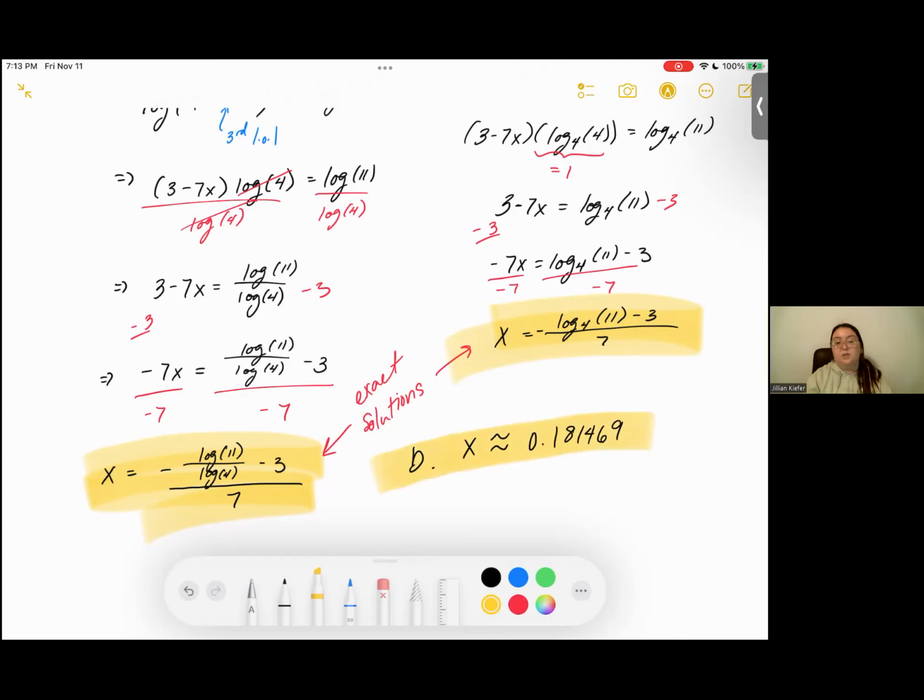And that would be your answer for part B. So part B is the decimal answer. Part A would be the exact solutions, aka something that's going to have the logarithms in them, without picking up a calculator.